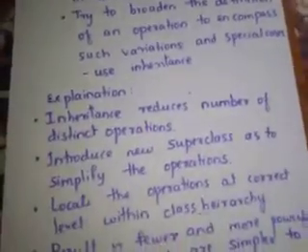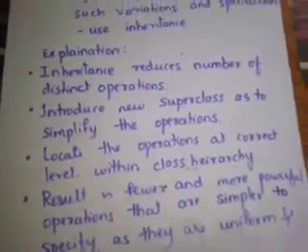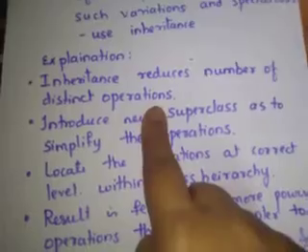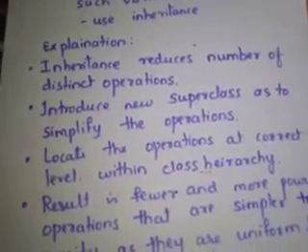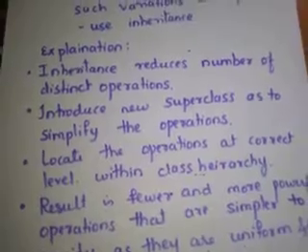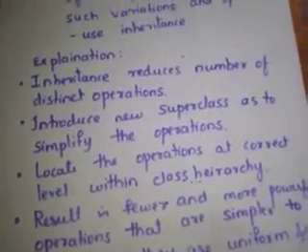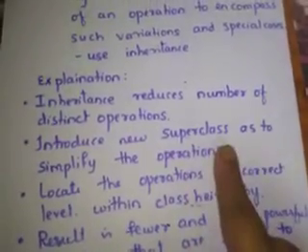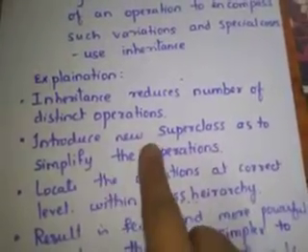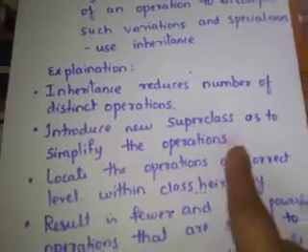The importance of using inheritance is that it reduces the number of distinct operations, because the more specific operations of the subclasses will be clubbed and stored in the most general form in the superclass. So we need to introduce a new superclass to simplify the operations.